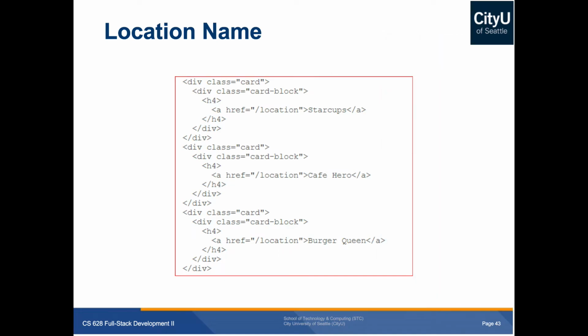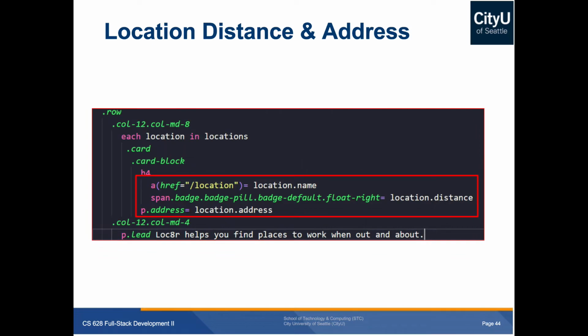Location.name includes the div class card, which creates a card, like a box. Inside that card, you have a card block that shows the Star Cups, like the title of the card, and another card block showing another location, Cafe Hero, and another one with Burger Queen.